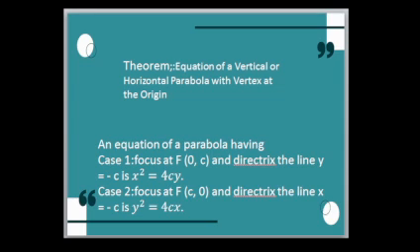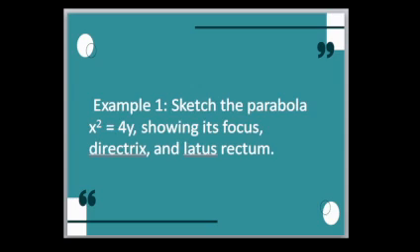In case 2, focus at F(c, 0) and directrix, the line x = -c, the equation is y² = 4cx. So you have to take note of these two formulas that we are going to follow in solving an equation of a parabola.